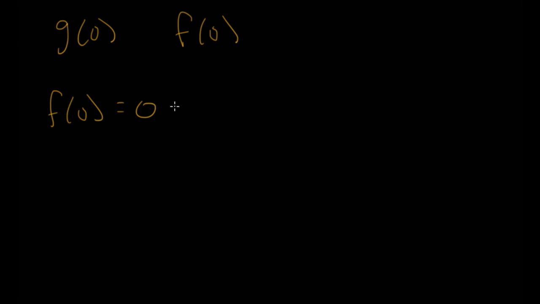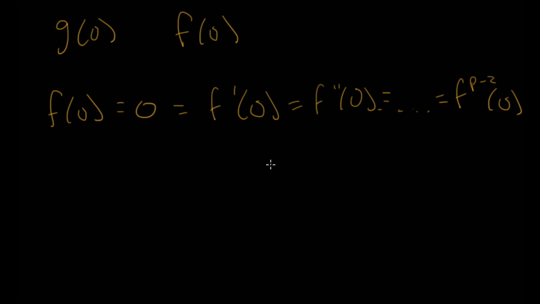And we know that that's going to be equal to f prime of 0 and f double prime of 0 all the way up to the p minus 2th derivative, because that's when that x to the p minus 1 term is going to run out. So at f to the p minus 1 of 0, that's going to be equal to n factorial to the p minus 1 times p.